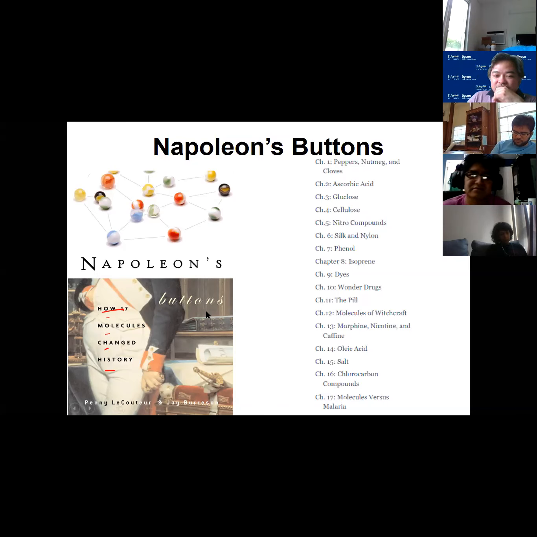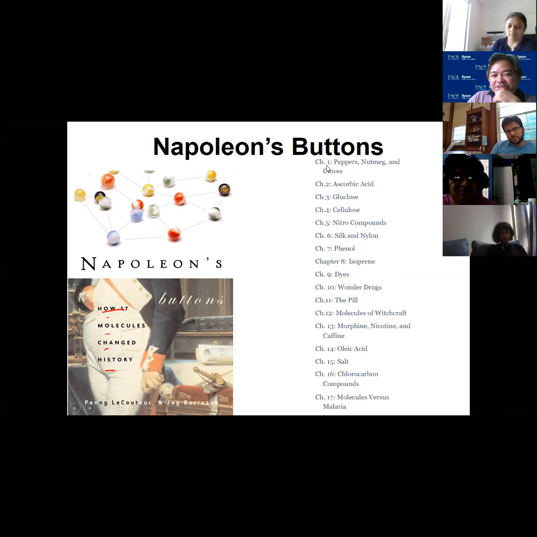So they titled it Napoleon's Buttons, based on the slides that I'm going to show you later on. But these are the 17 molecules that he discussed on how these molecules shaped history.